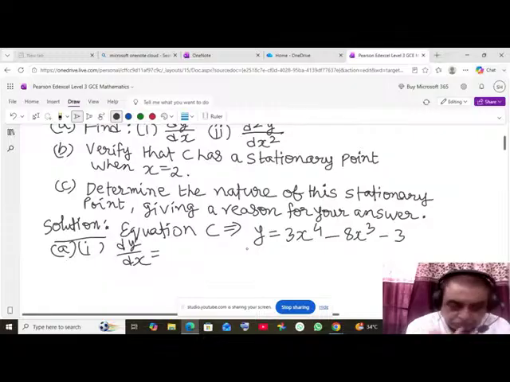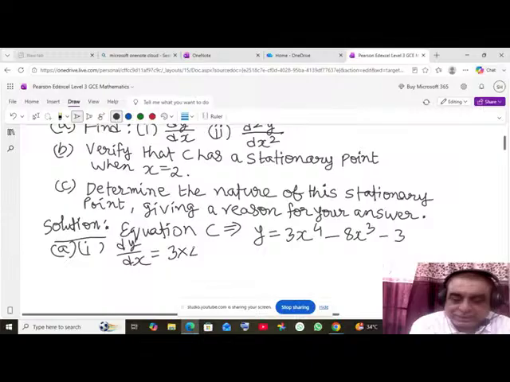So how will we do it? Here you bring the power of x down, multiplied with 3, which is the coefficient of 3x to the power of 4. Then you subtract 1 from the power of x, so 4 minus 1 becomes 3. Minus, do the same thing with the 8x cube.